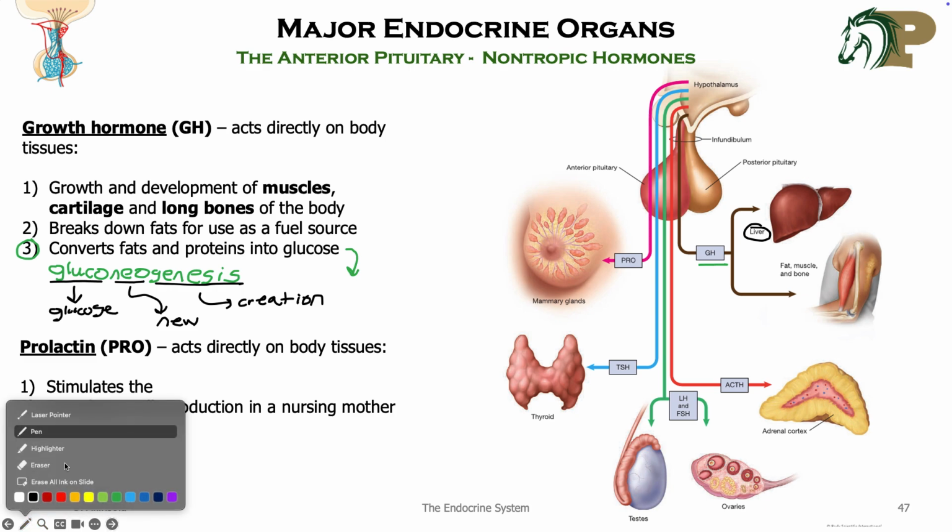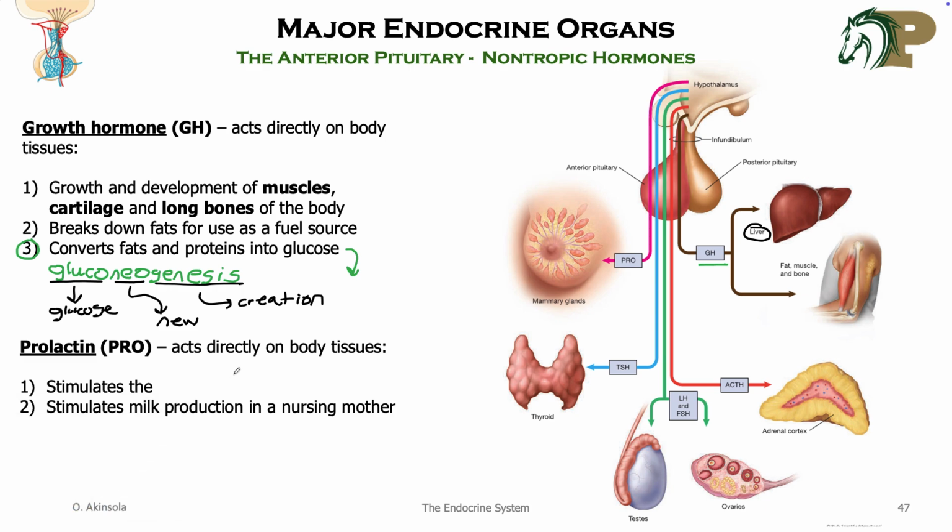Prolactin is going to act in 2 areas. It's going to stimulate the growth of mammary glands, otherwise known as the breast, pictured over here. And it will also stimulate milk production in a nursing mother. Now, I want to make sure that this is clear because students get this confused all of the time.